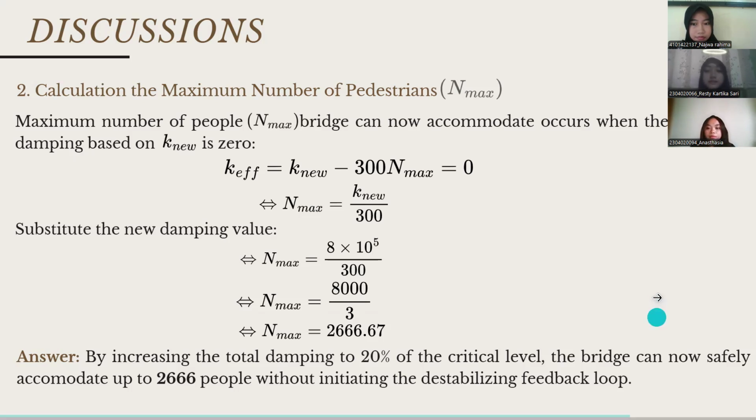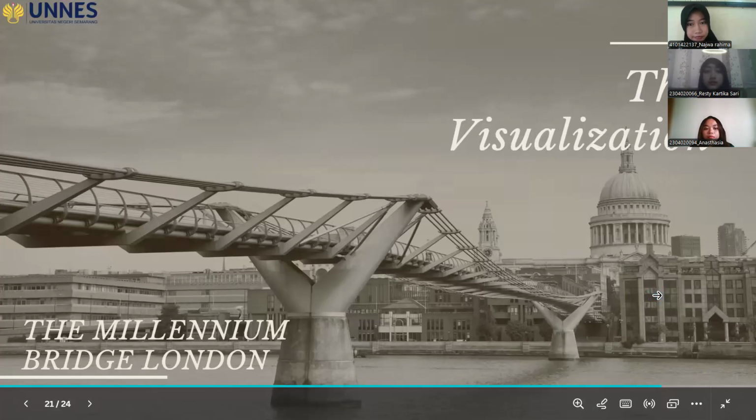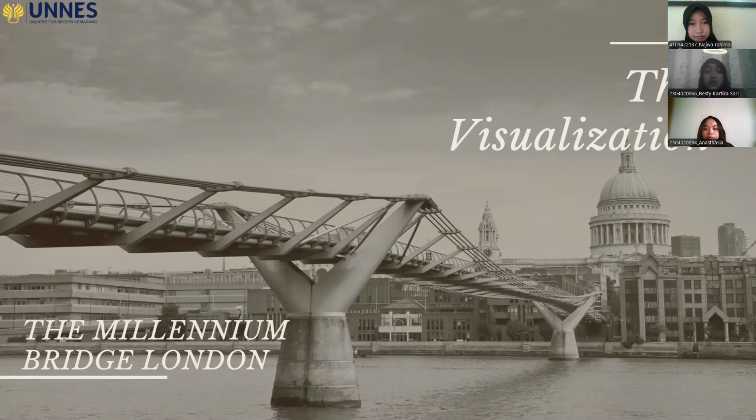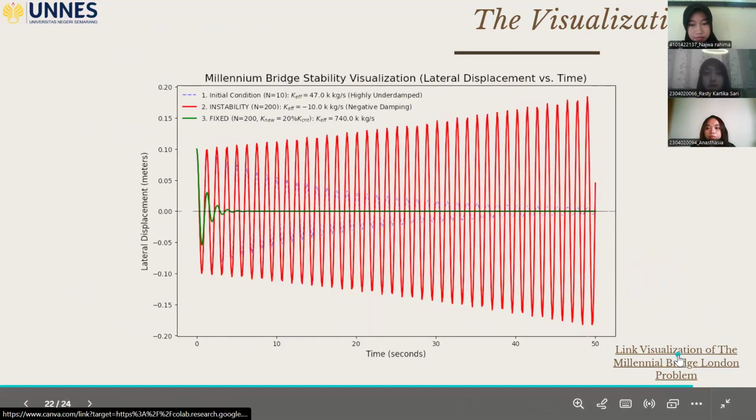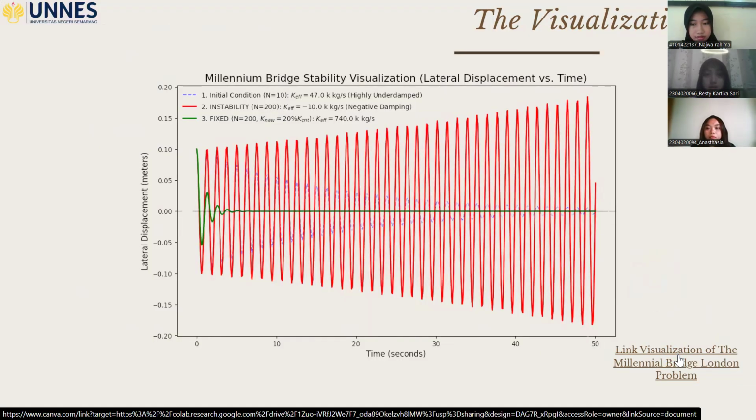And next, here is the visualization of the Millennium Bridge London before 2020. The blue dotted line represents the initial condition. Let's take n equal to 10, and we have Kf equal to 47.0 K kilogram per second. This is highly underdamped.